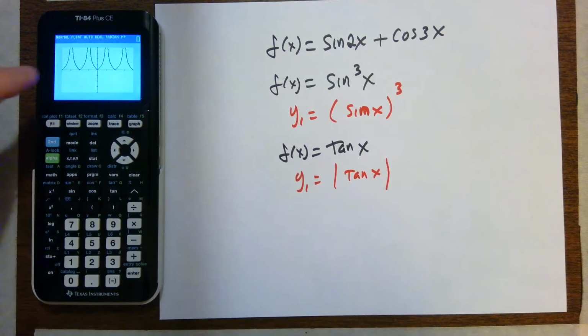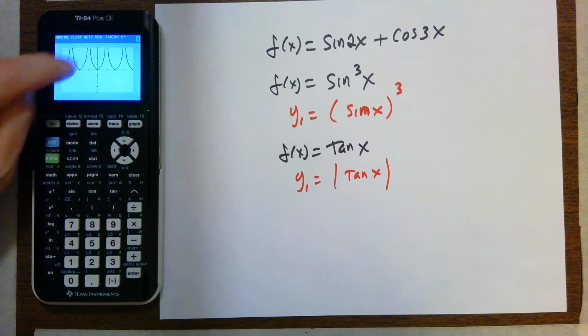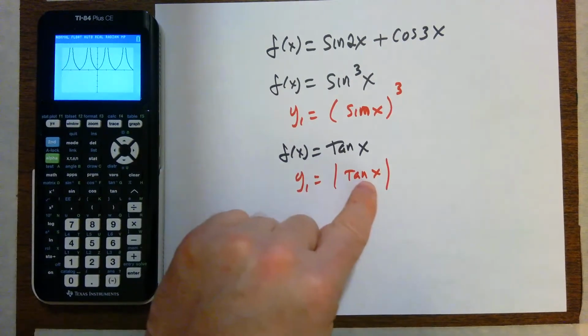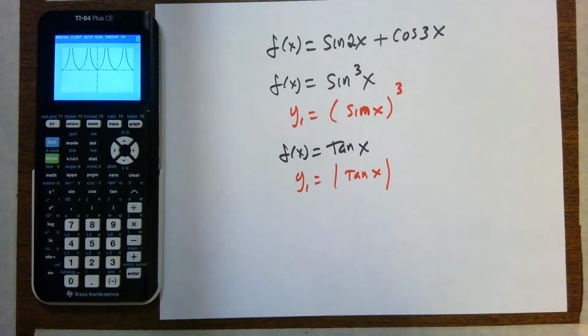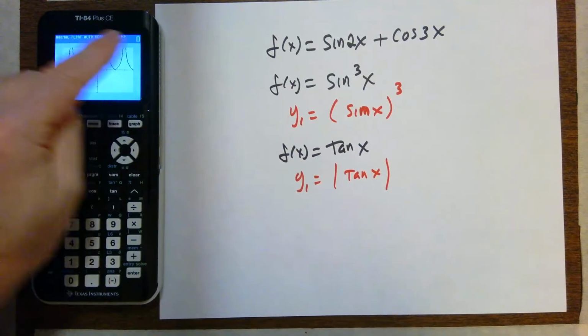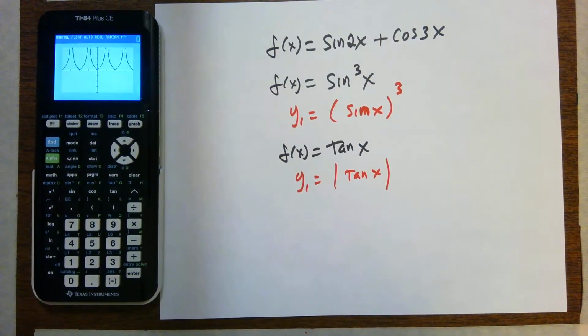Now, can you see what happened here? The tangent of x had negative parts to it, but because we're doing the absolute value, all of those are reflected up. Everything is reflected up, which is a little bit more interesting here.